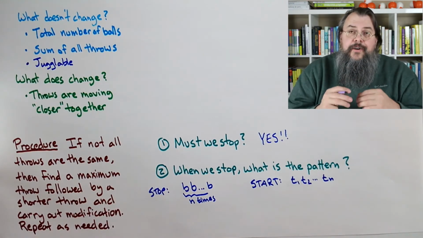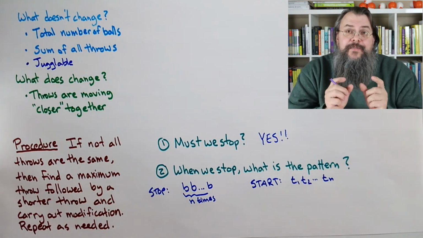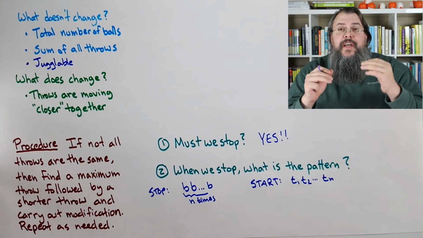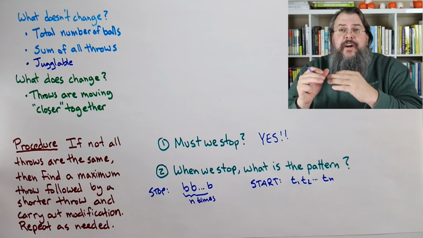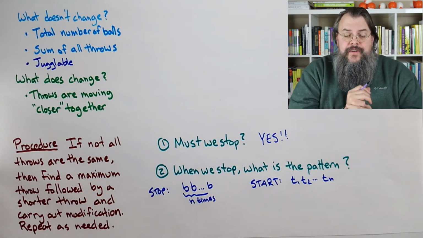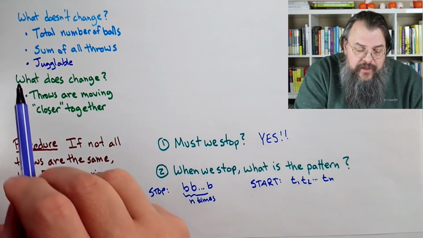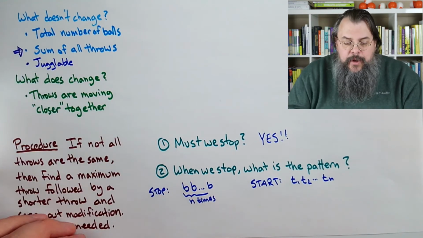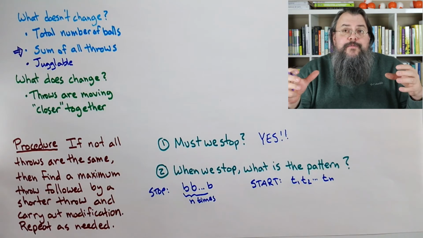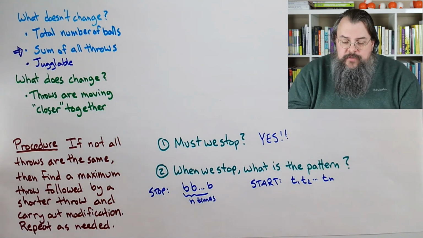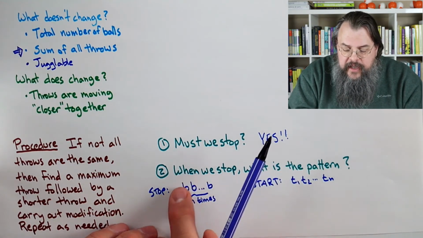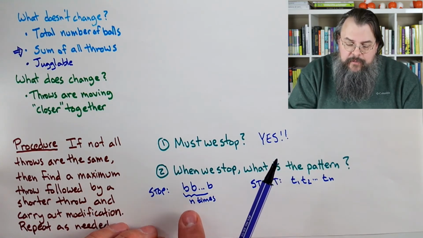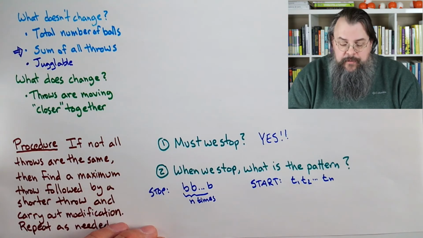Now here's where invariants come into play. What didn't change as we worked from one pattern at the start to the other pattern at the end? Well, what didn't change is that at every step, we made sure that the sum never changed, which means that this sum at the end is very easy to compute, because I'm just adding the number b up n times.